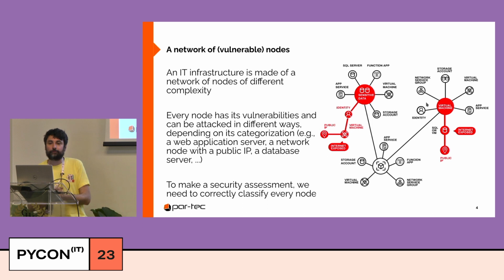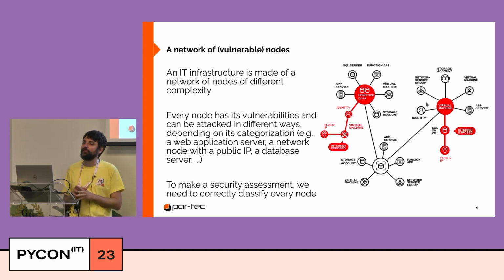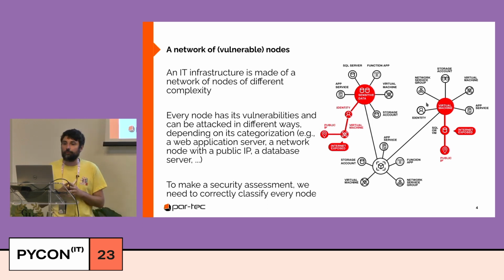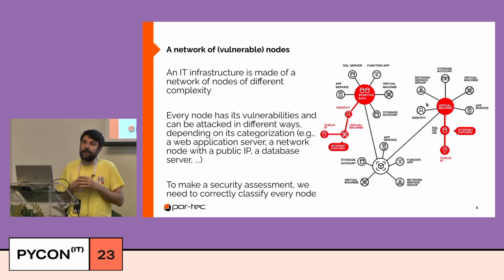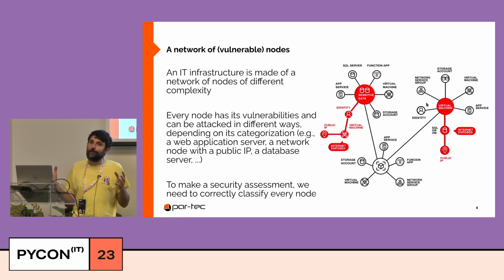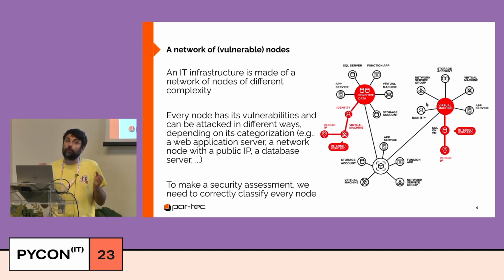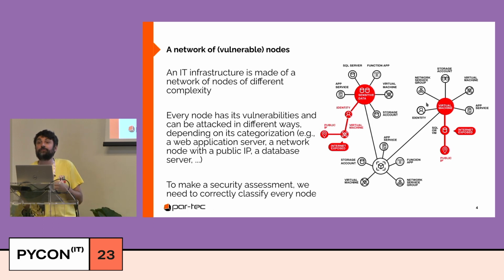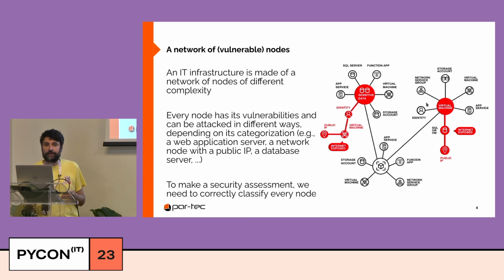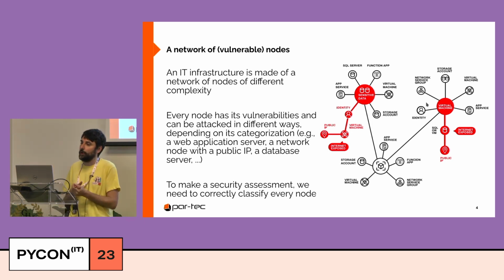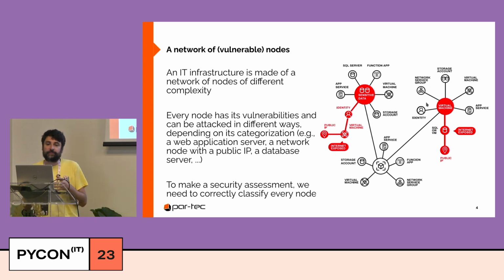So, our networks, our infrastructures, our platforms are networks of vulnerable nodes. Each node can be expanded or, well, folded, and it has various levels of complexity. We should identify our level of complexity. And every node has its vulnerabilities, and we can be attacked in different ways, depending on its categorization.